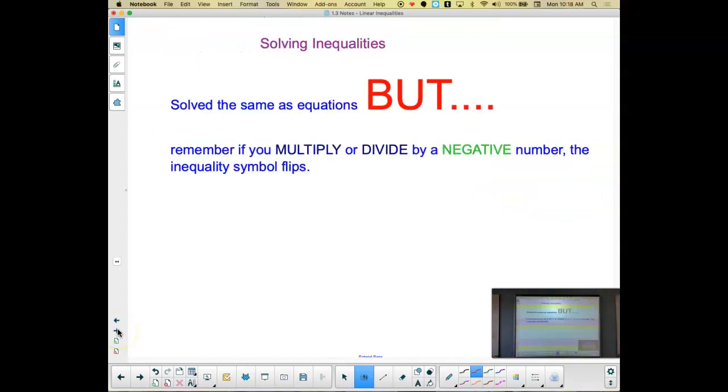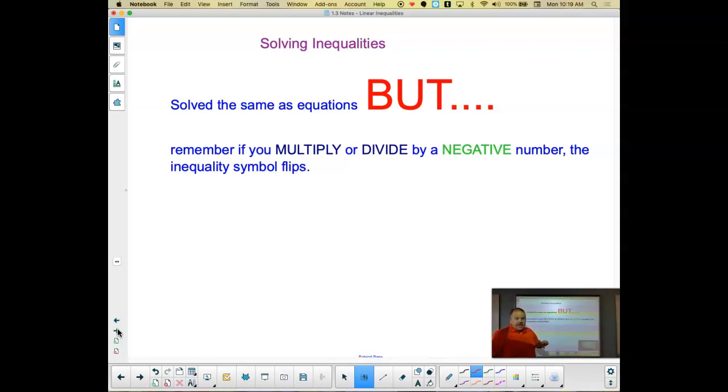The first thing we need to do when we actually get into inequalities is that inequalities are solved the exact same way that an equality is, with the exception of one very important rule, and that rule is that if we multiply or divide by a negative number, and only if we multiply or divide by a negative number, not if we have a negative number, we need to flip that inequality.